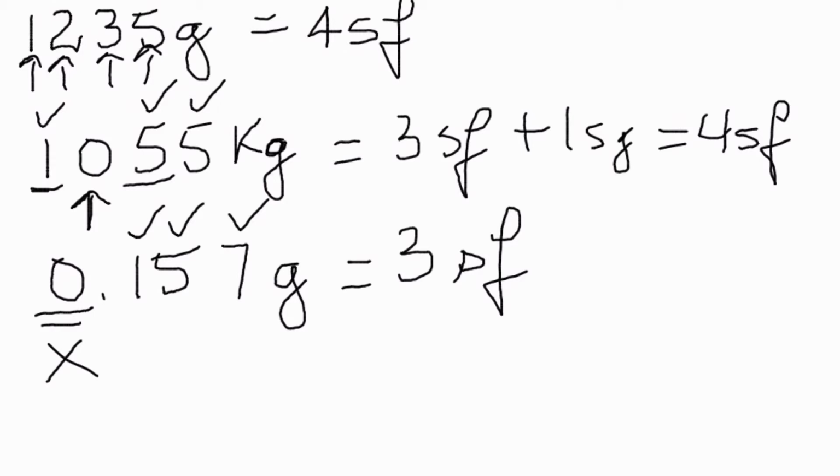And the last rule tells me that trailing zeros are significant only when they are to the right of a decimal point in a number.